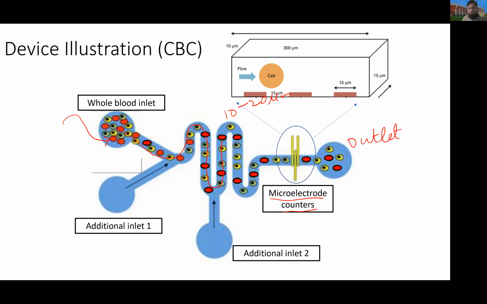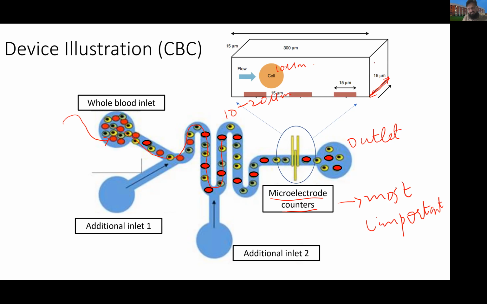If you zoom in on this area, it is the most important area for the device, because that's where you are electrically sensing the cells. You will see that the channel is like a 15 micrometer width, and the cell is also 10 to 15, let's say 10 micrometer diameter.